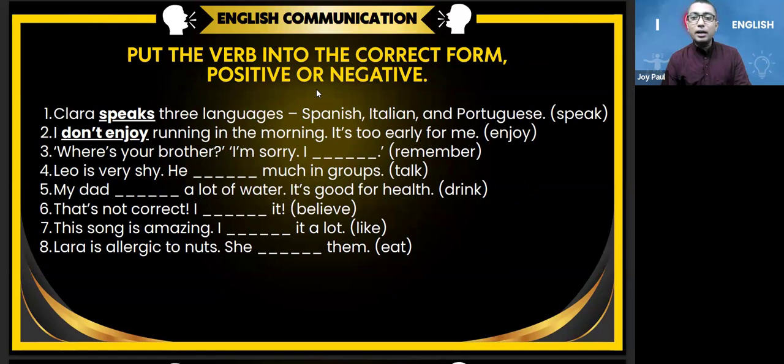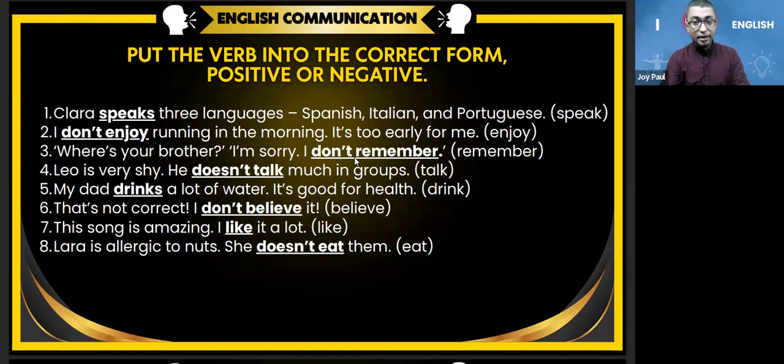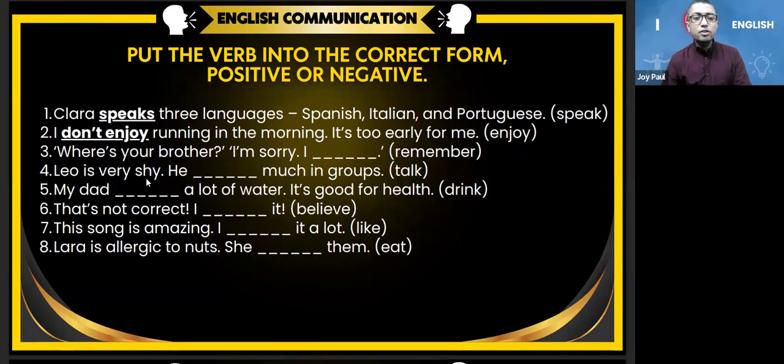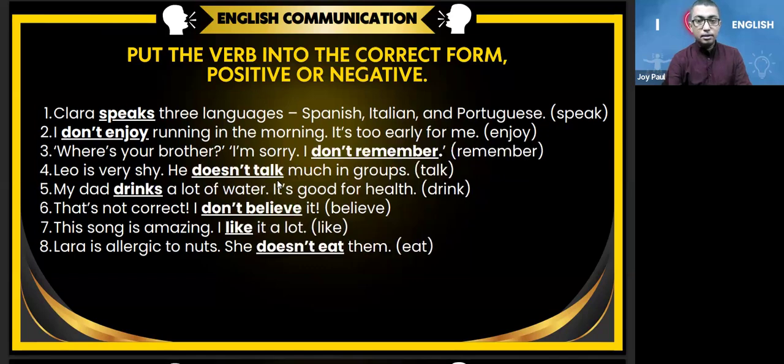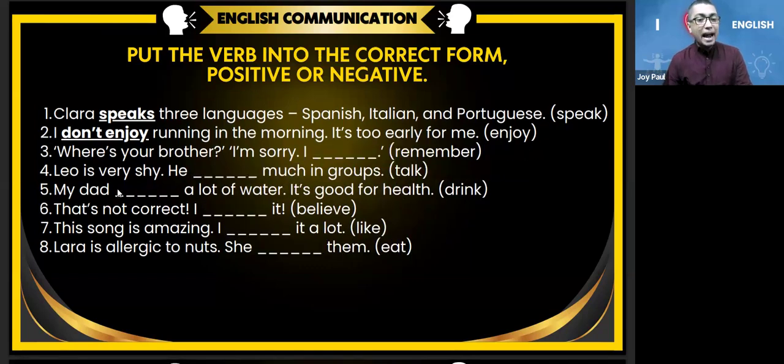Next, put the verbs into the correct form, positive or negative. Clara speaks. I don't enjoy. I'm sorry, I do not remember. Great. Next, Leo is very shy. He doesn't talk very much. Great. My dad drinks a lot of water.